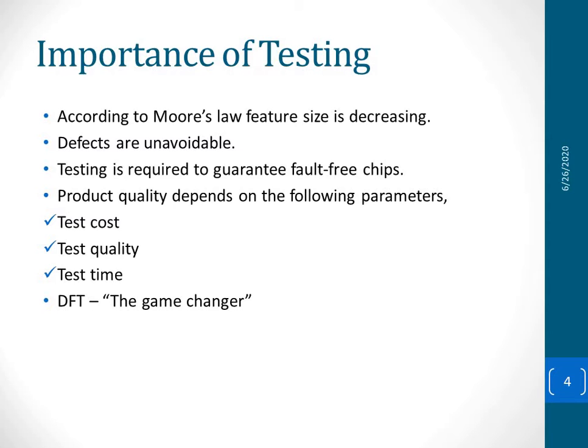We need to test these chips before producing them in the market, so that at the base level itself we can avoid these defects or faults and ensure that our chip is fault free. While testing, we need to see the time of the testing, the quality of the testing, and the cost of the testing, and these 3 should be as minimum as possible.